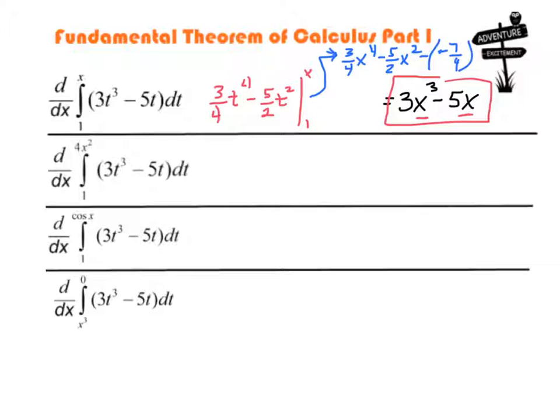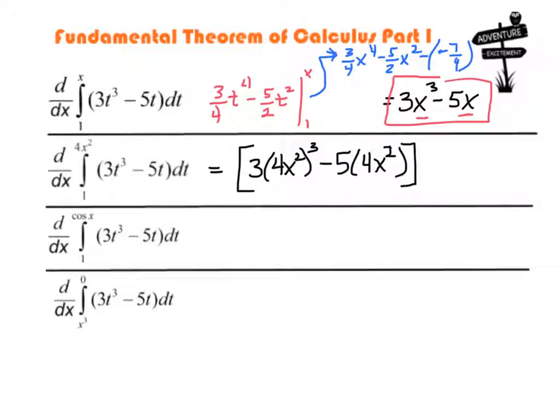So how you do this in a very shorthand way is you replace the t cubed with the bound, just as we did in the previous one. We replaced the t with the bound. But then, because it's a function, we have to use chain rule, multiplying by the derivative of the bound.